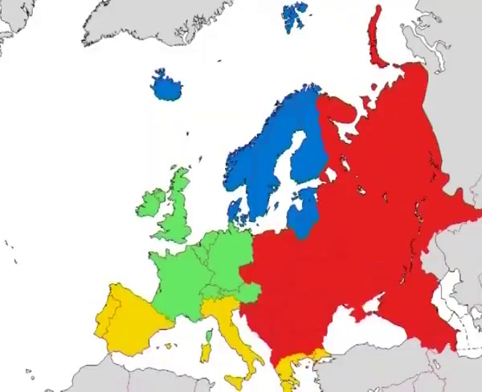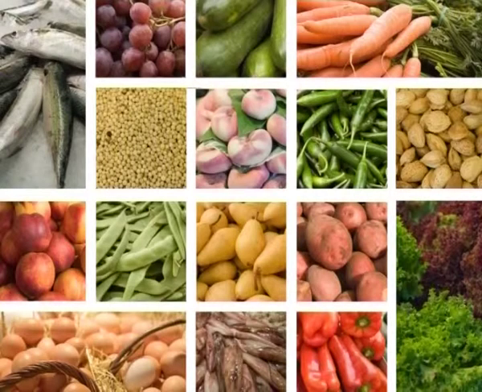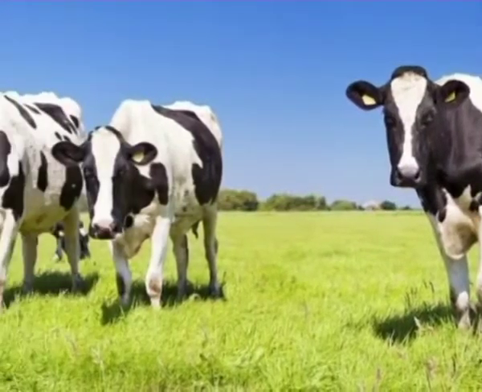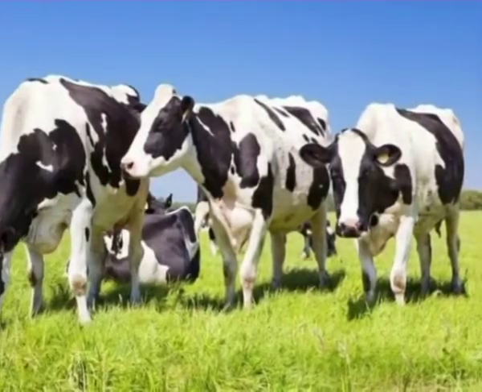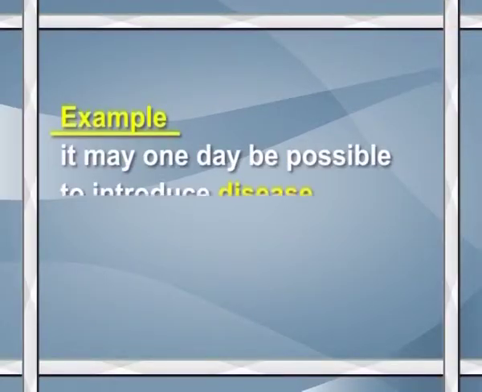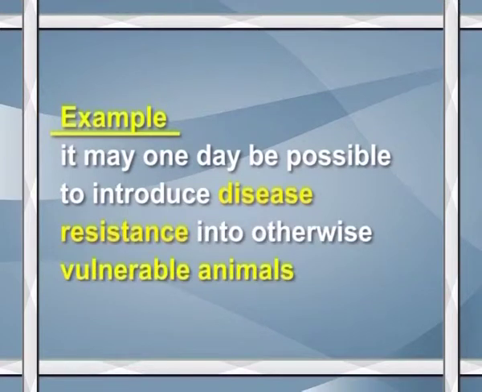Agriculture in Europe and North America already produces sufficient food for the indigenous population. Looking to the future, the real benefits from improved animal production might be seen in the third world. For example, it may one day be possible to introduce disease resistance into otherwise vulnerable animals.